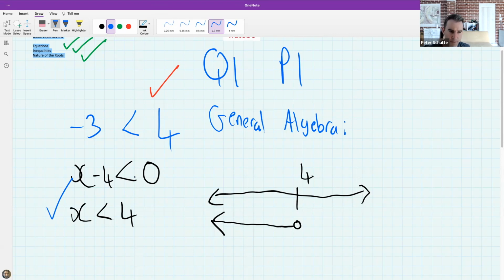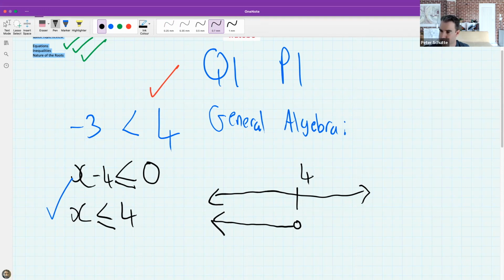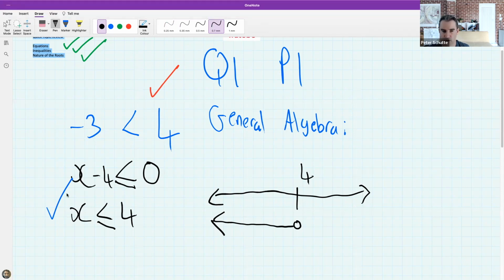Now, what would happen if instead of it being a less than, it was a less than or equal to? There would be a slight adjustment I would need to make to my number line. Does anybody know what I would need to do? So I've changed the question now.